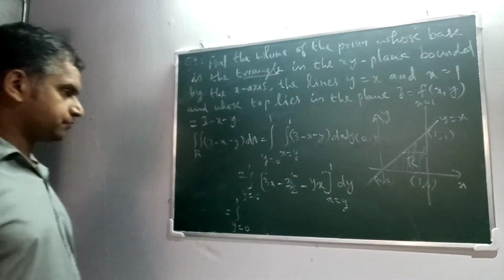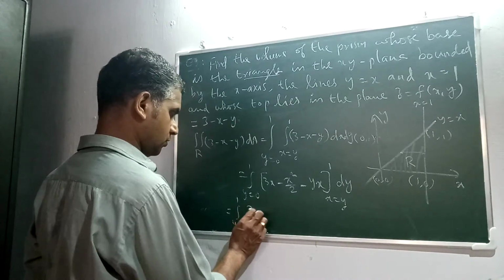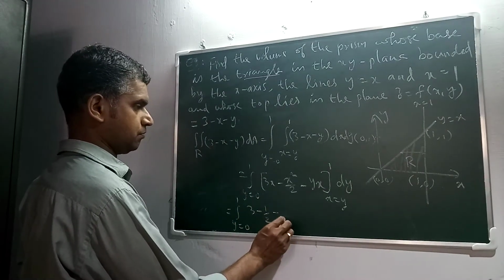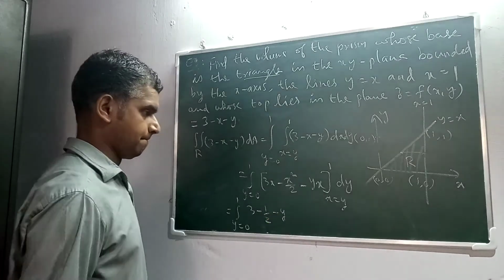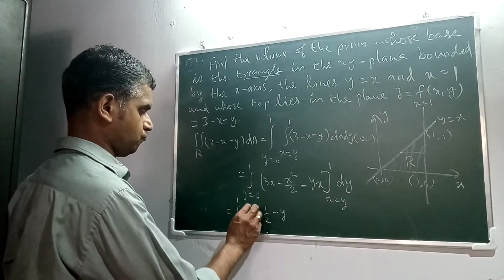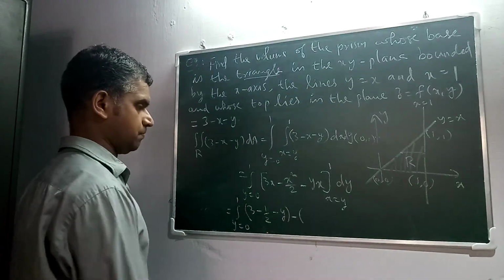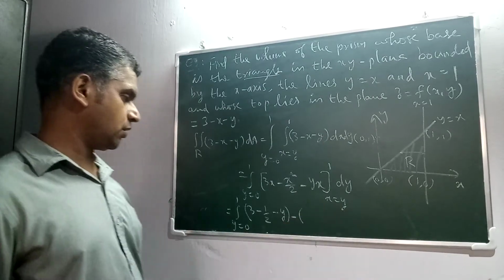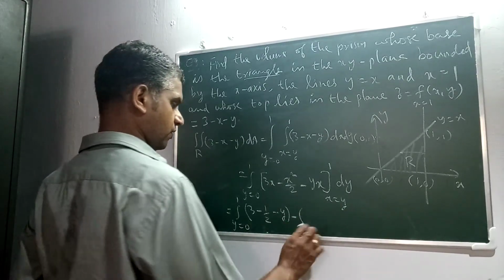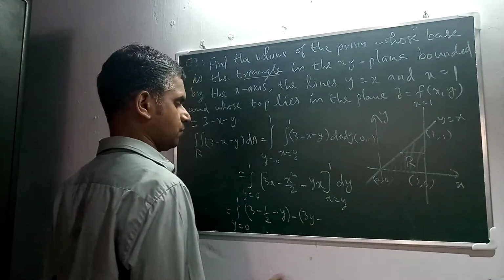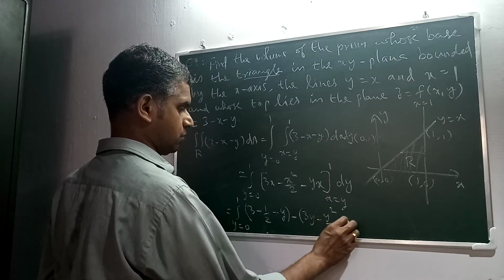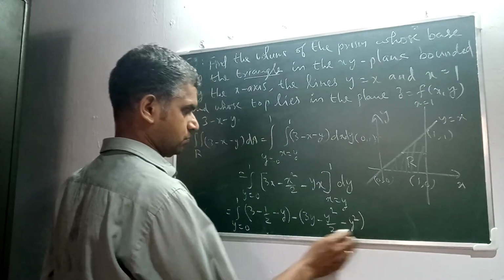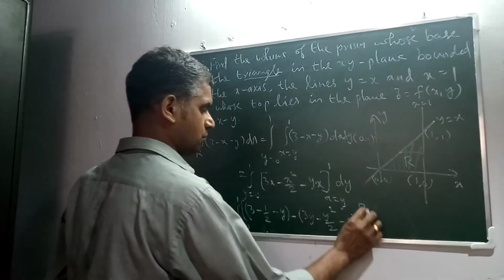So what will I get? 3 minus 1 by 2 minus y, minus, now put x is equal to y in the lower limit. So what will I get? 3y minus y square by 2 minus y square, then dy.